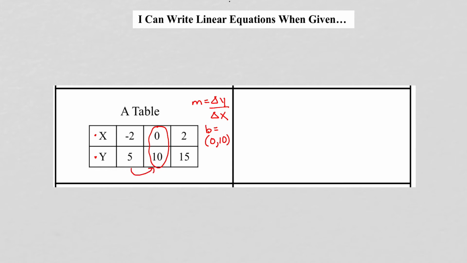Our change in y from 5 to 10 is going to be 5, right? Our change in x from negative 2 to 0, now that might be a little bit tricky, but think about the number line. If you're at negative 2 on the number line and then you move to the right to 0, you're moving to the right 2 spots. So that's 5 over 2. That's our slope. So then we can write the equation. Y equals 5/2 x plus 10.